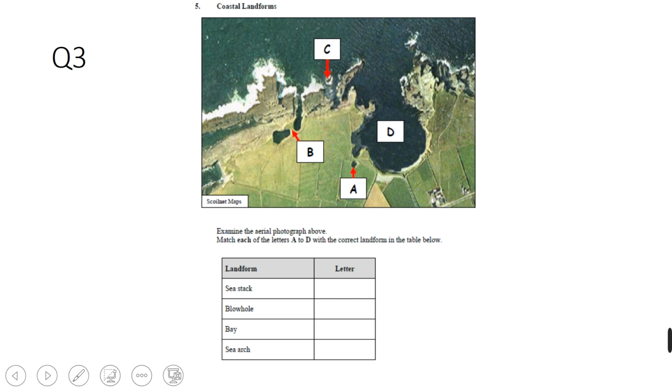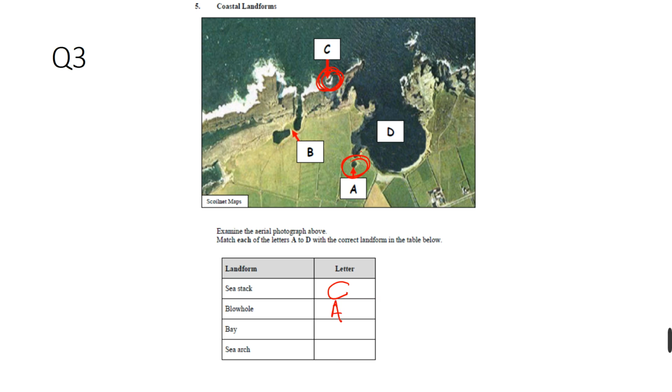Alright, coastal landforms, we have to match them up above. The sea stack is the small area of land off the coast that's been cut off, so that's C. The blowhole is A, so when the tide comes in, it might blow water through that. This is a good way to show you the formation of blowholes.